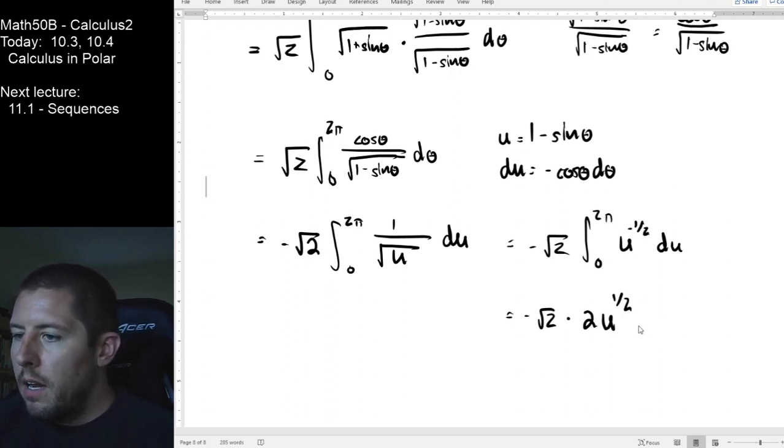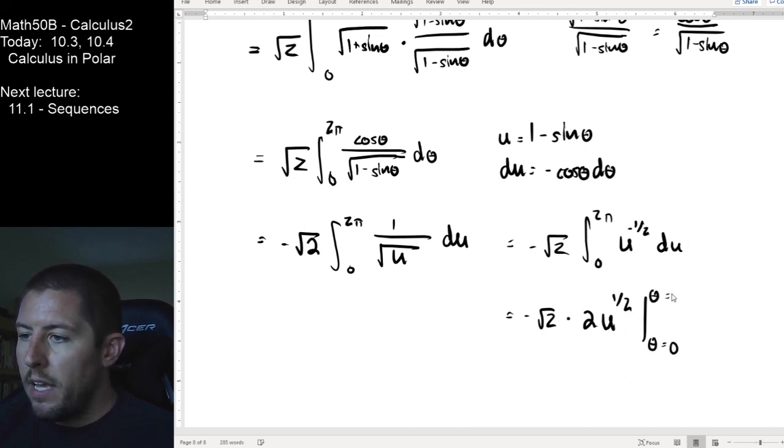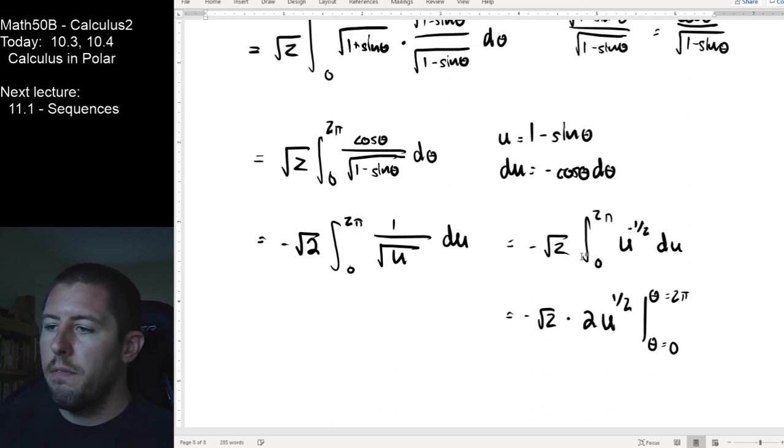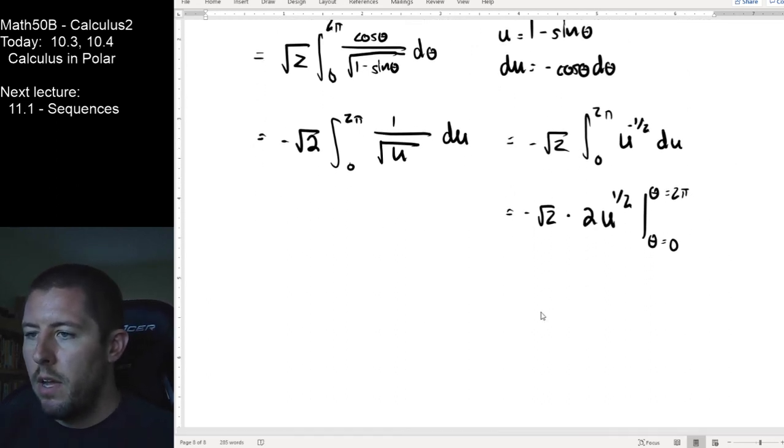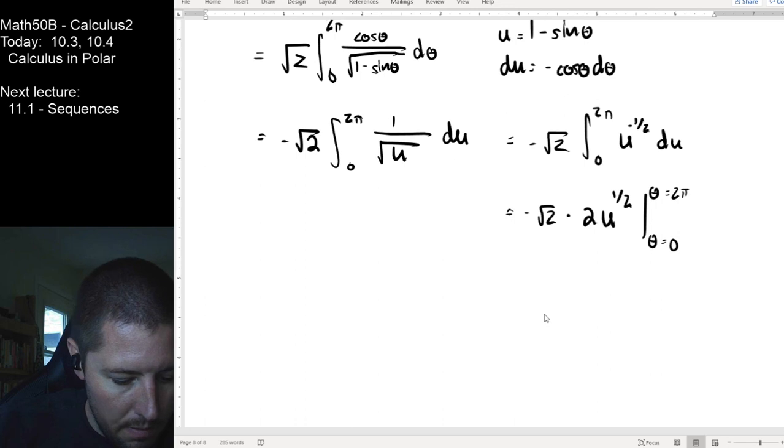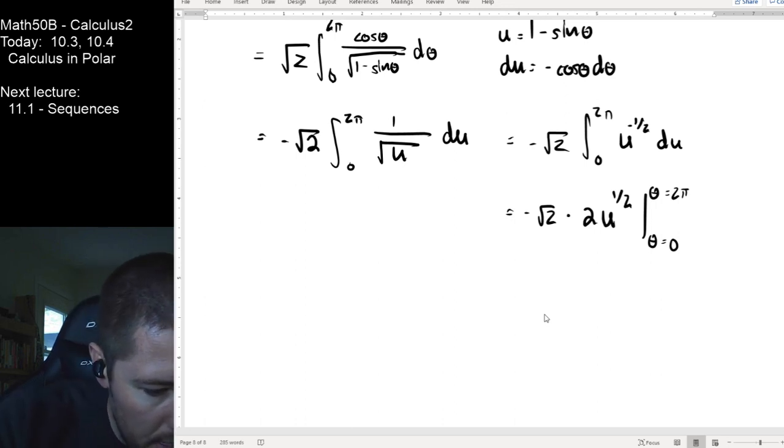And now I'm evaluating this guy, very importantly, from theta equals 0 to theta equals 2 pi. Don't lose track of the fact that we've converted into u here now. So I am now getting, why do I feel like that's not matching what I'm supposed to be getting here either?